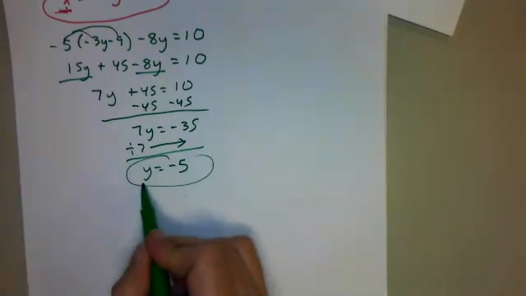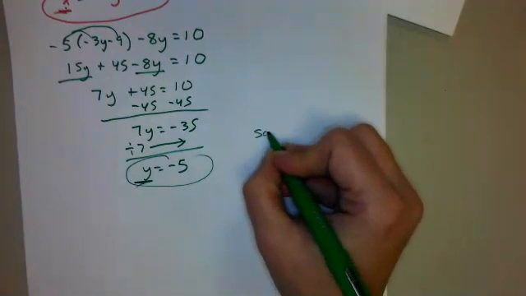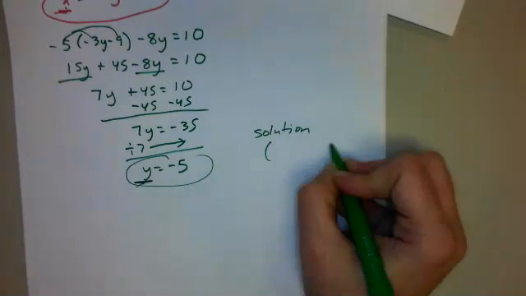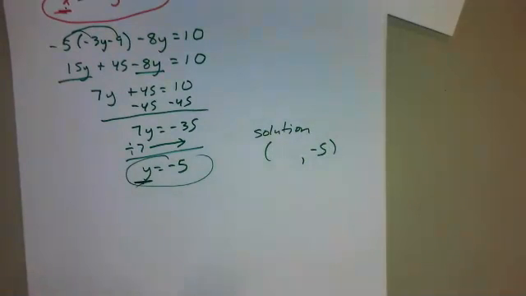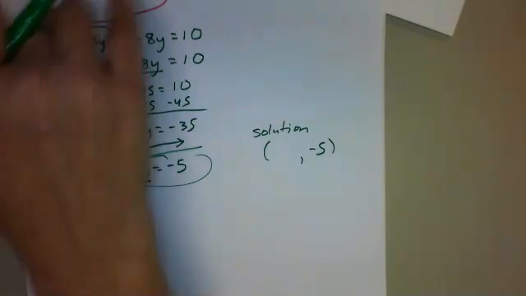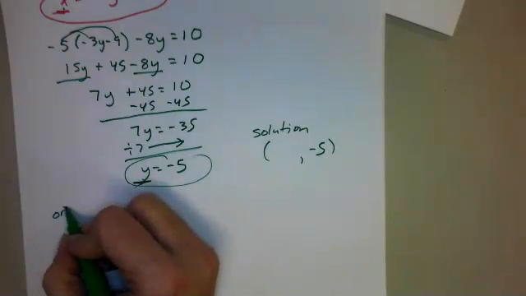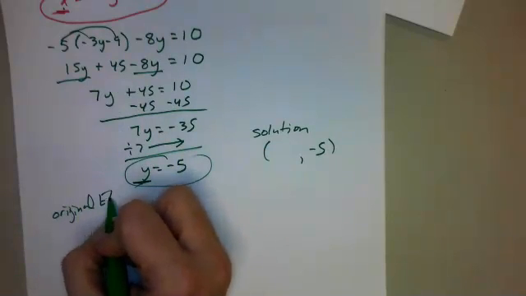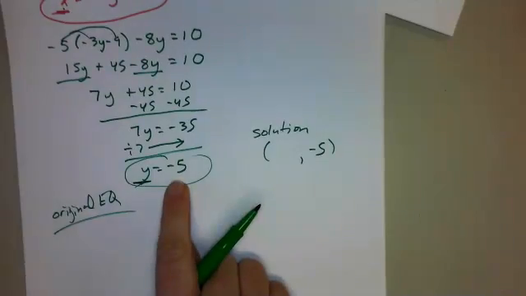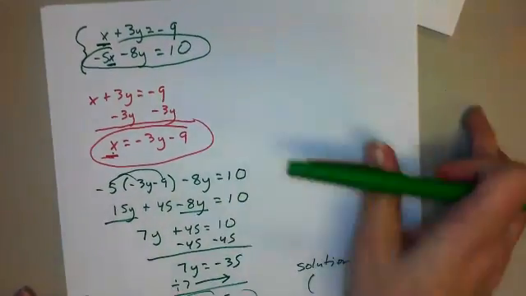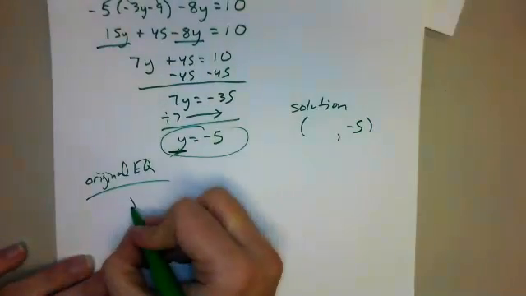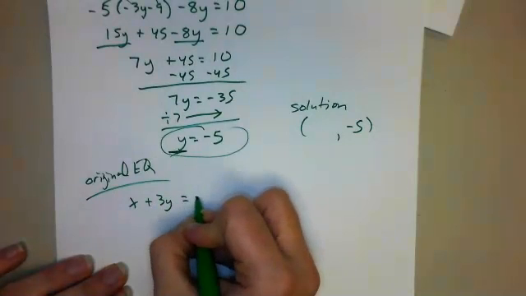Now keep in mind, this is the y value. So for our solution, my y value goes here, right? So now I need to plug that into one of my original equations and solve. So here we have y equals negative 5. I'm going to go up and pick the first one for no reason other than it just looks like an easier one. So I've got x plus 3y equals negative 9.